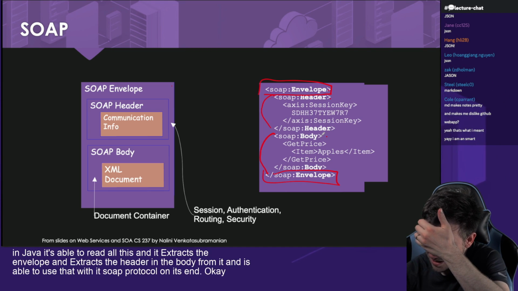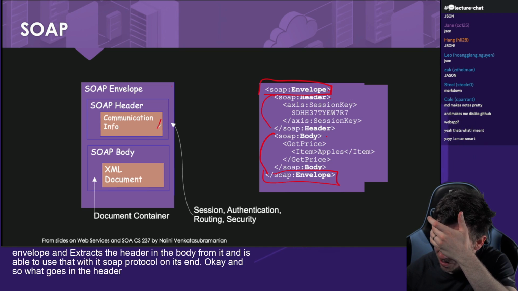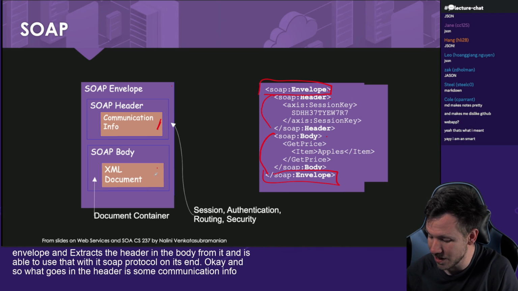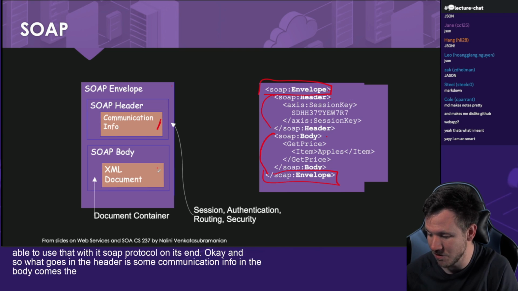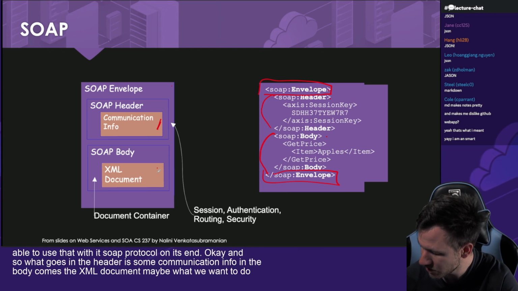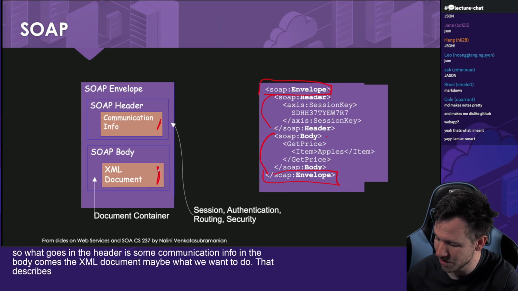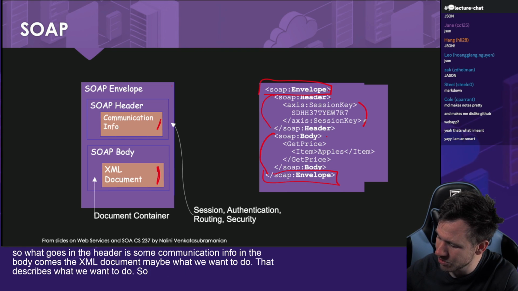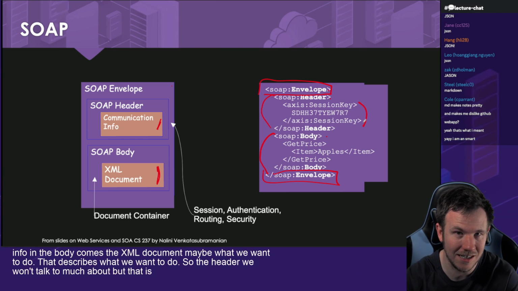What goes in the header is some communication info. In the body comes the XML document that describes what we want to do.